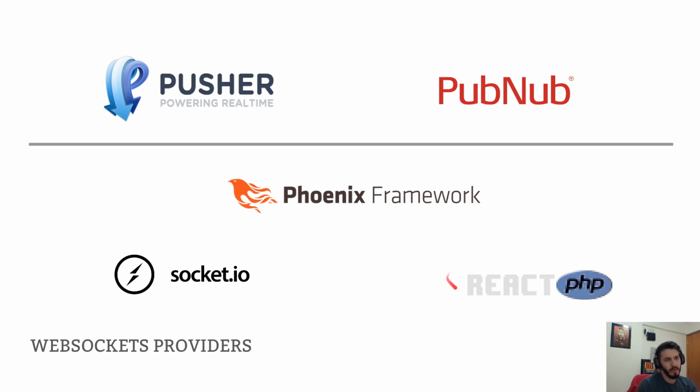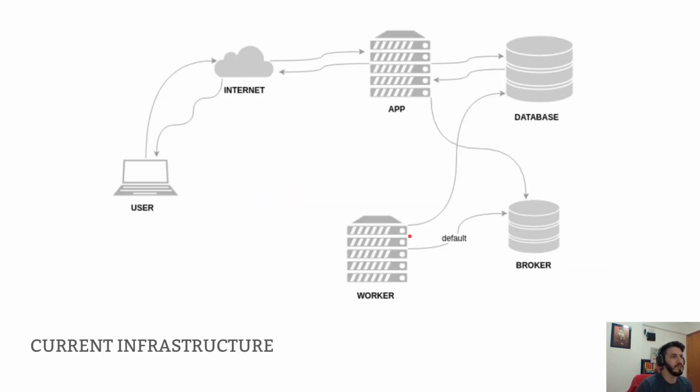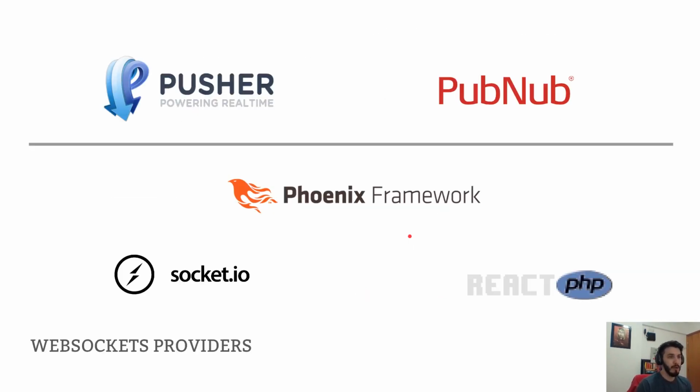In the PHP world, we have some async PHP capabilities. One of the most common, most trendy ones is ReactPHP, and with React you can actually achieve WebSockets in PHP, which is pretty awesome. And that's actually what we are going to be using for our demo.